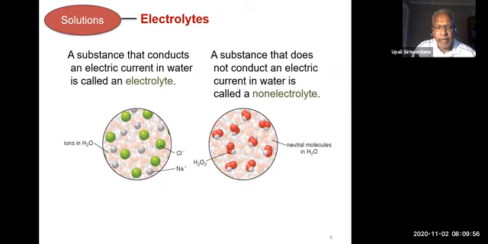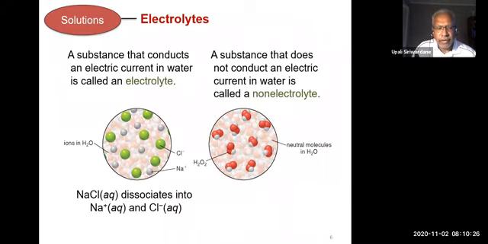The ions pass through the solution to the different electrodes and complete the circuit. On the other hand, neutral molecules such as hydrogen peroxide, which are not ions and don't break down into ions in solution, don't show electric conductivity. Therefore, they're called non-electrolytes.